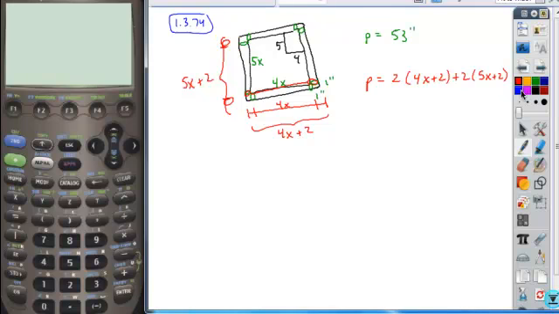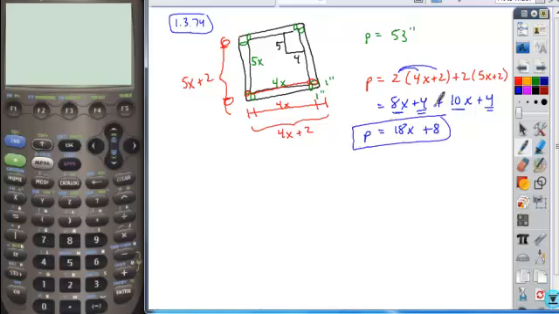I'm just going to keep it in this form here, distribute through. So I get 8x plus 4 plus 10x plus 4. And so if I solve for my expression here, combining like terms, I get 18x, combining my constants, plus 8. Okay, and so here is my general expression or equation for the perimeter, 18x plus 8.